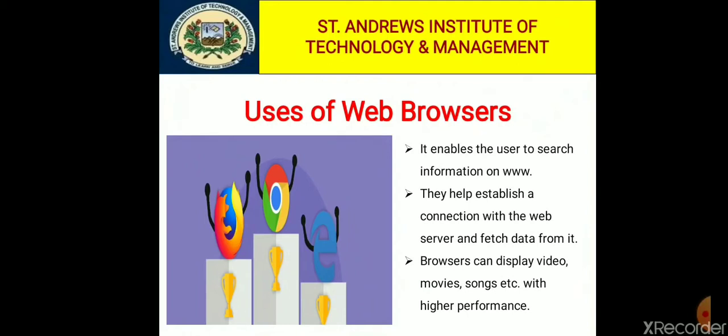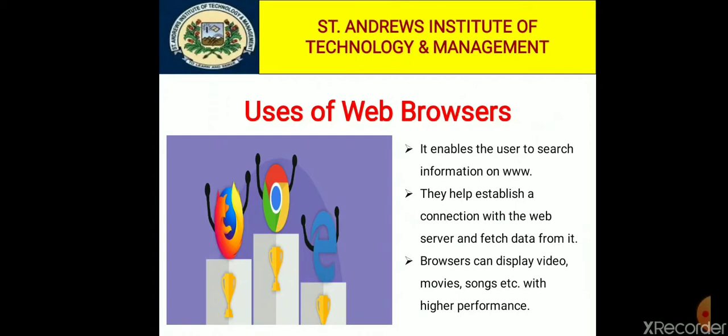First, it enables the user to search information on www. If we want to search any information on the internet, first of all we will open a web browser and enter our details to search the data.